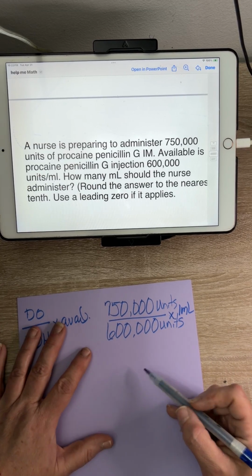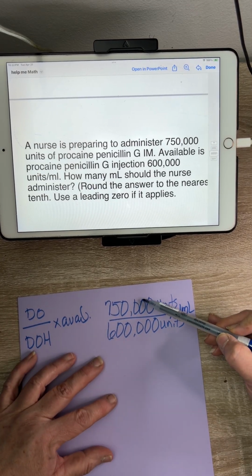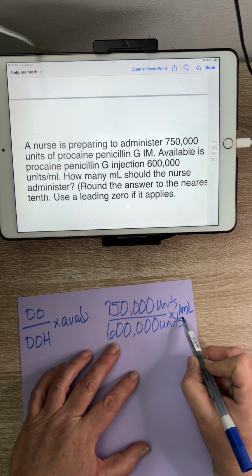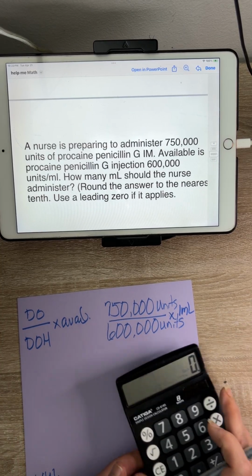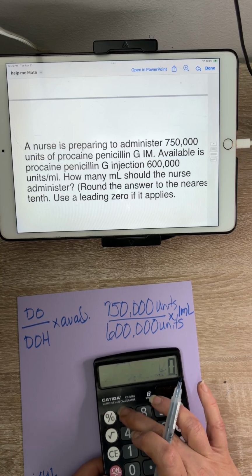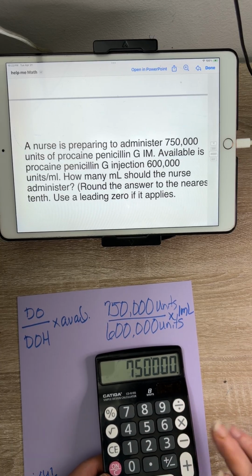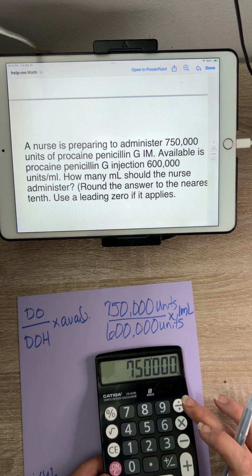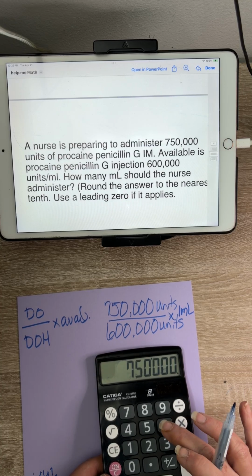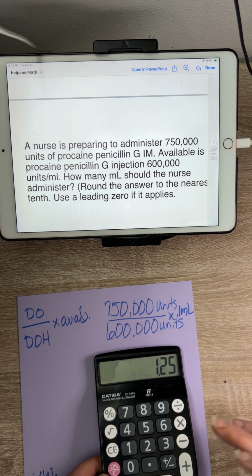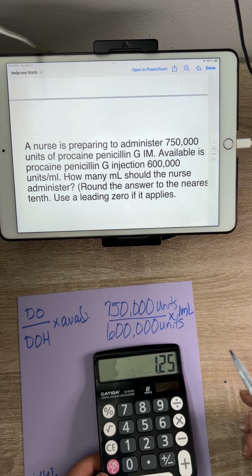Okay, and so this says the top number divided by the bottom number, and then you multiply it by whatever's right there. So we're going to do it. 750,123. You see how I did that? If you'll slow down and count your zeros, 600, 1, 2, 3, you'll only have to work it one time.